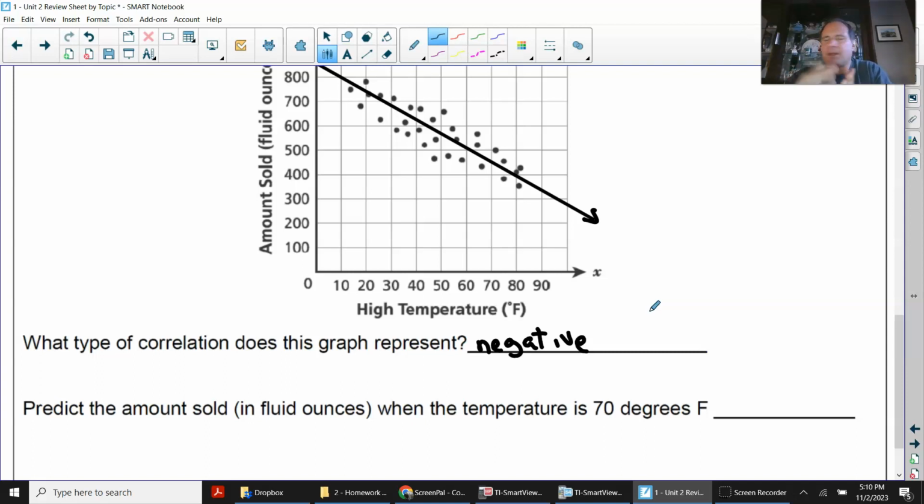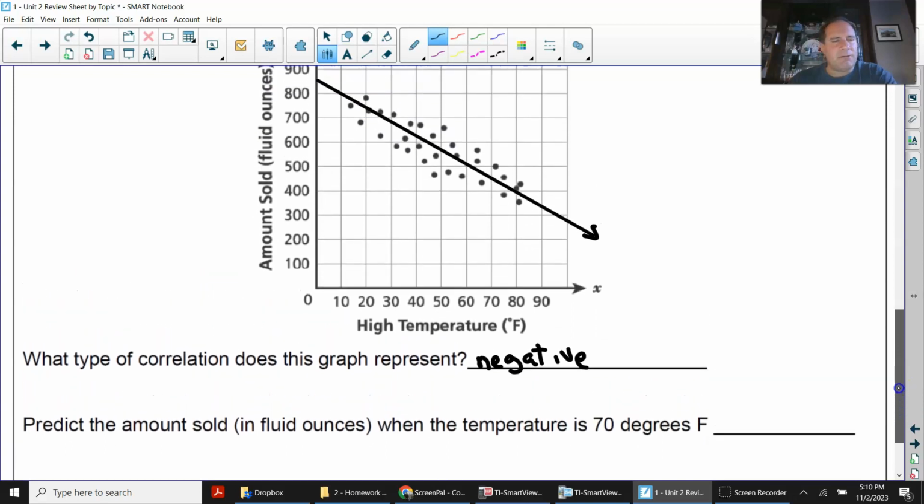Weak would be a little bit further, like you would see here. But this is kind of in between. So I just wanted to mention a weak negative. It's still negative. It goes down from left to right, but a weak would mean that the points are a little bit further away. A strong negative would be the points being clustered around the trend line a little bit more. All right, but I'm just going to leave negative right now.